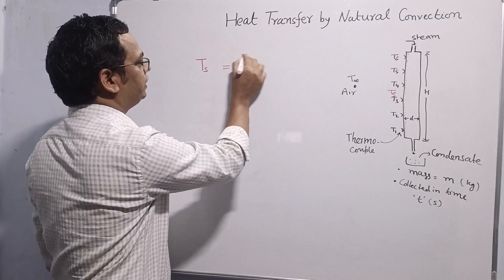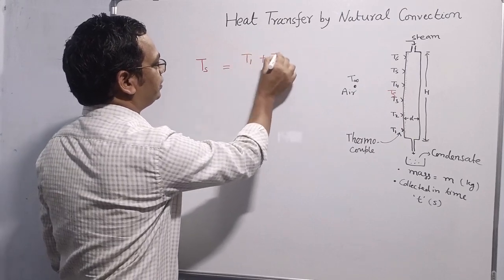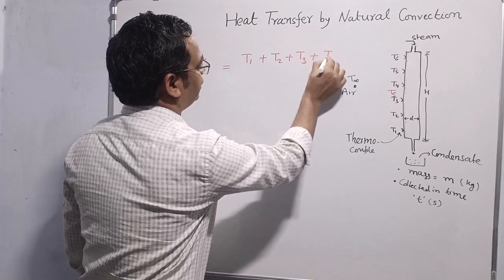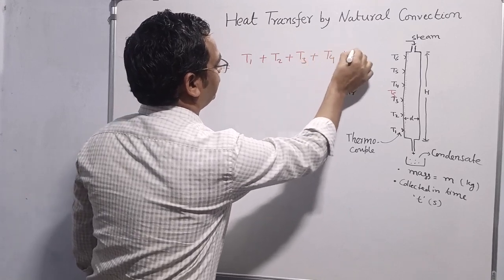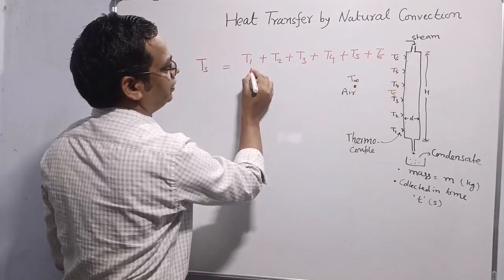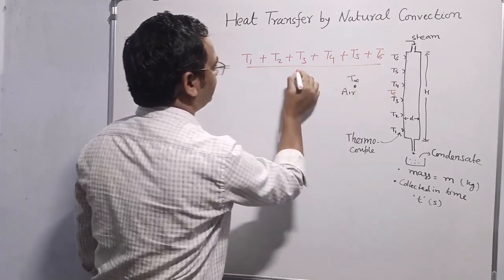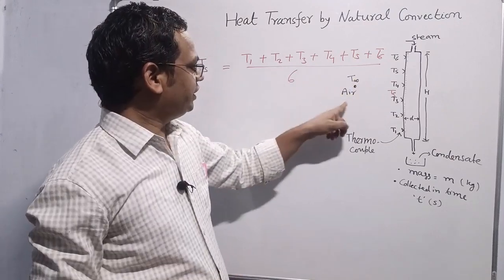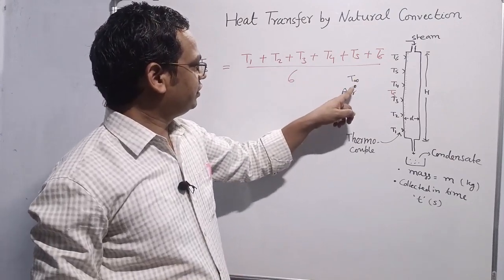So that will be Ts = (T1 + T2 + T3 + T4 + T5 + T6) divided by 6. T infinity is the surrounding medium temperature, which is air.